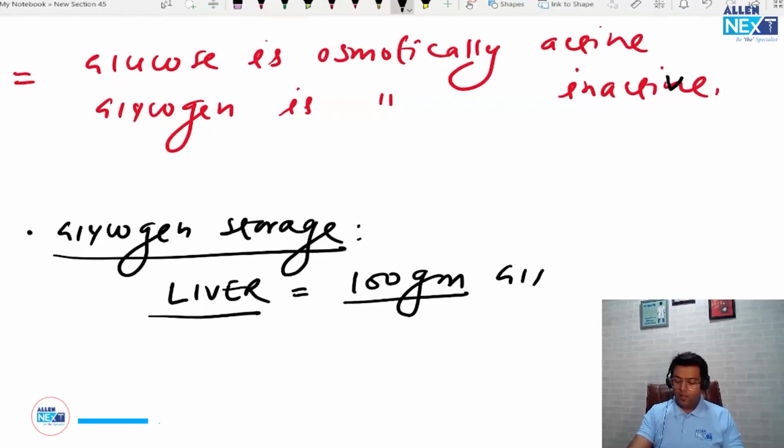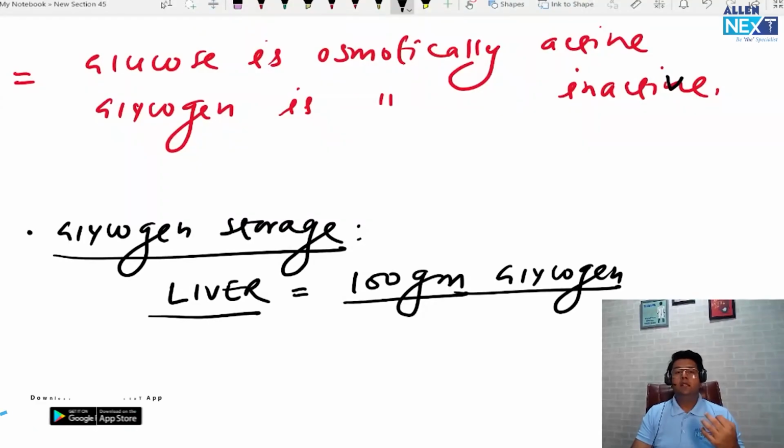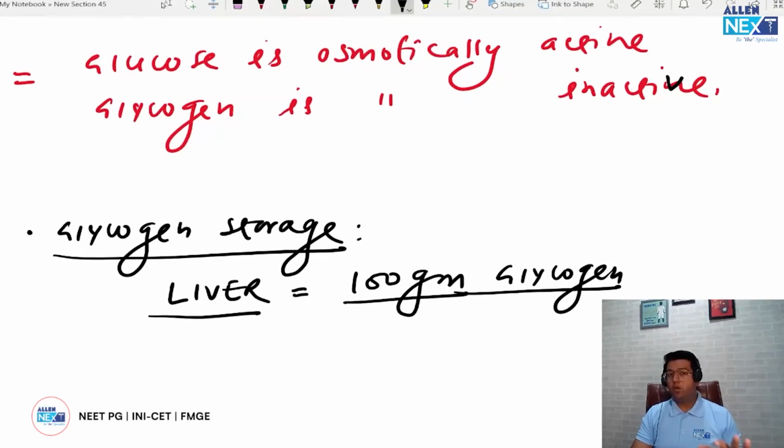But guys, this 100 grams of glycogen is a lot. This can maintain our blood sugar for how much time? I told you, for 12 hours. For the first 12 hours, our blood sugar is maintained only by the liver glycogen. And I told you already that muscle glycogen doesn't participate in maintenance of the blood sugar in the fasting state.